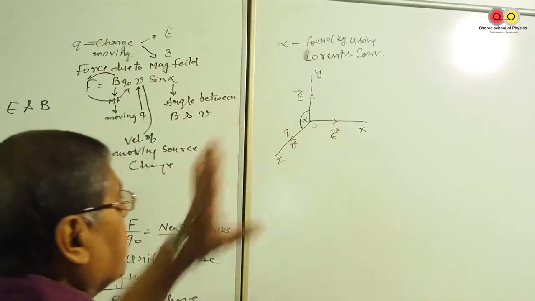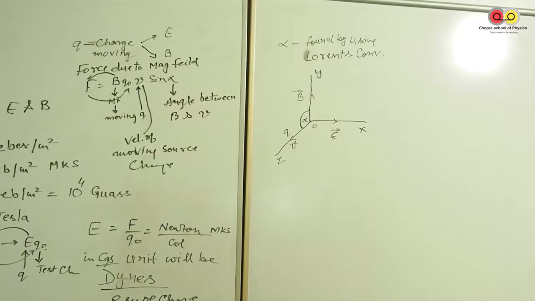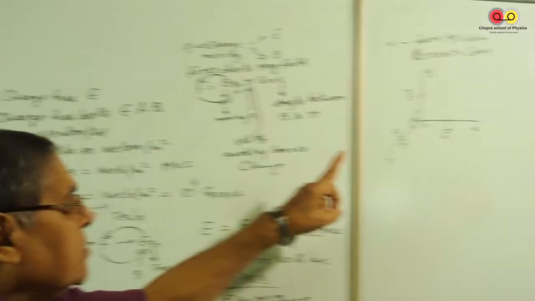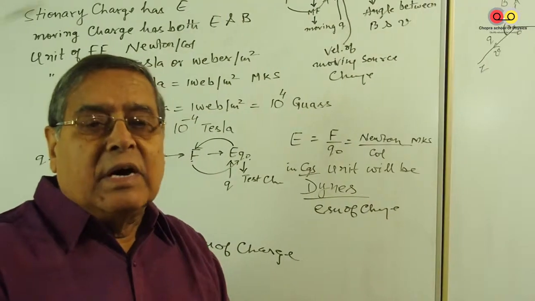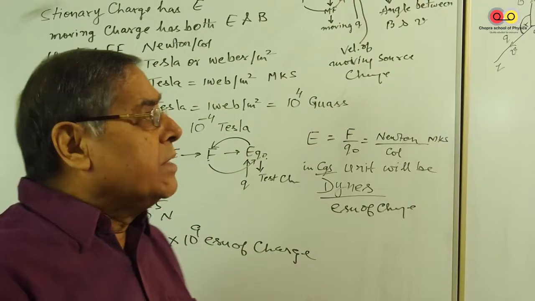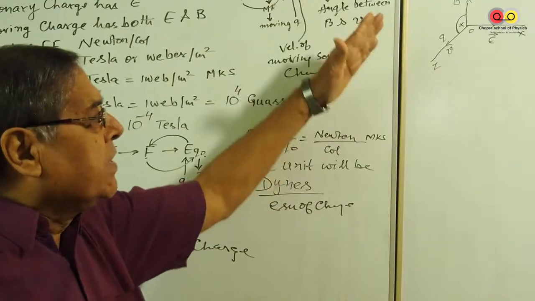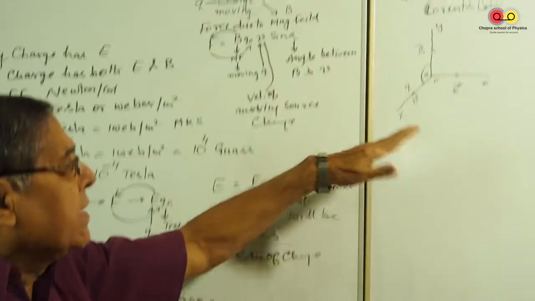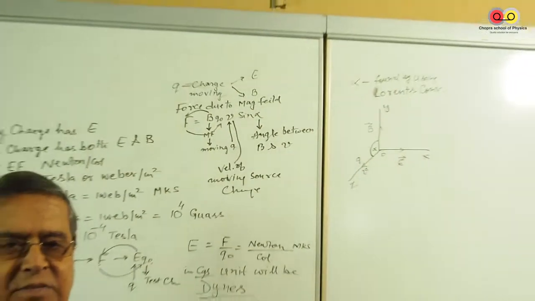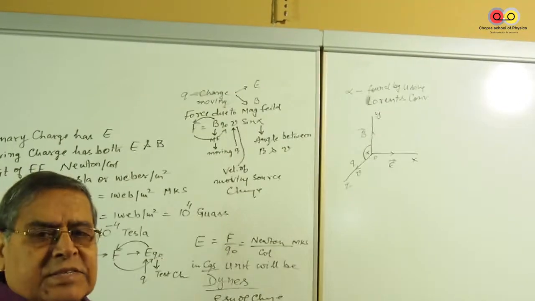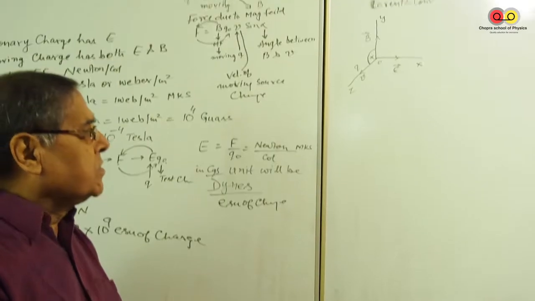Regarding this convention, you can remember that choice of field and the motion of charge is arbitrary. Like in the figure we have indicated electric and magnetic field on x and y-axis and motion of charge indicated on z-axis. It is not necessary that we do like this.